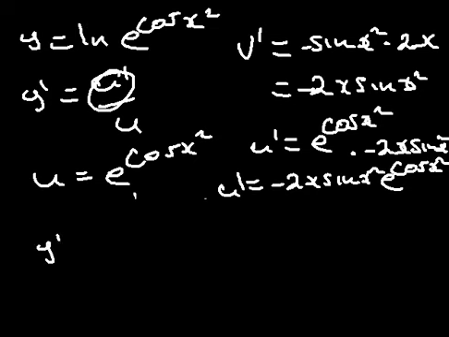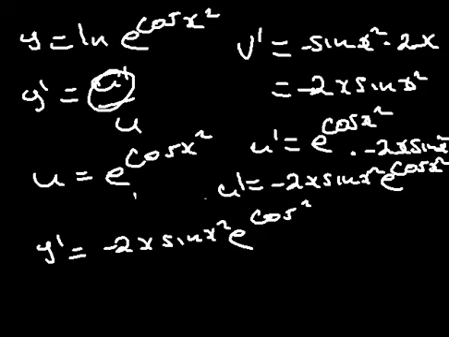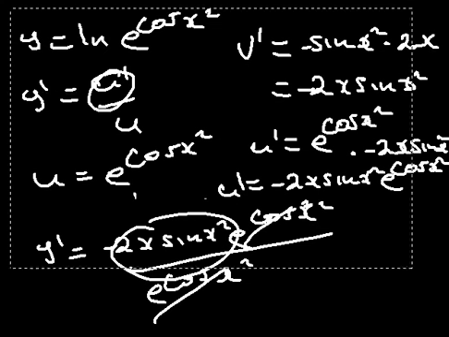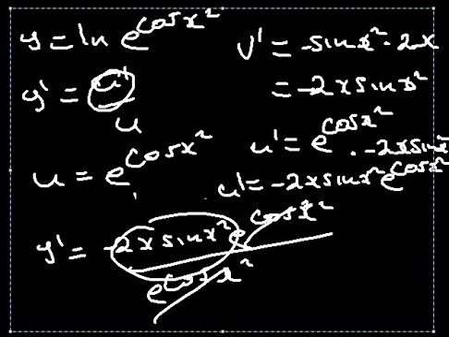So now y prime is given as u prime, which is negative 2x sine x squared e to the power cos x squared, divided by the u, which is e to the power cos x squared. And you see that this and this will cancel. So that is the derivative. So take note of the way we are handling such things.